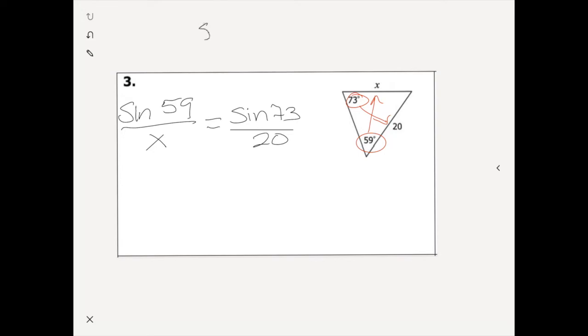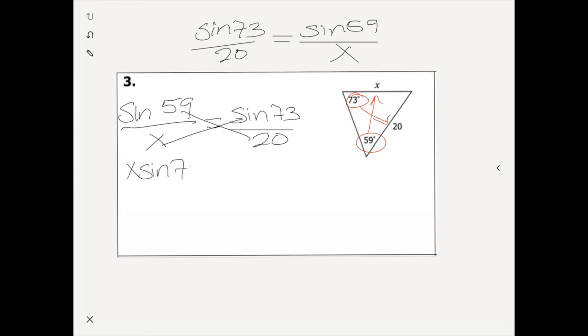And if you were wondering, you could have this written a different way and still get the same answer. So you could have had the sine of 73 over 20 is proportional to the sine of 59 over x, right in the reverse way, and you'd have still gotten the same answer, so long as your proportion is set up correctly. So we're going to cross multiply. We have x times the sine of 73 is equal to 20 times the sine of 59.